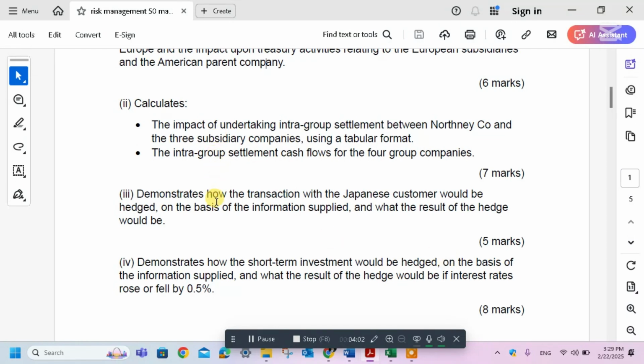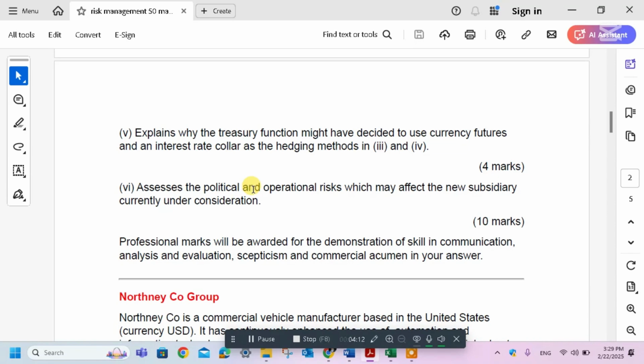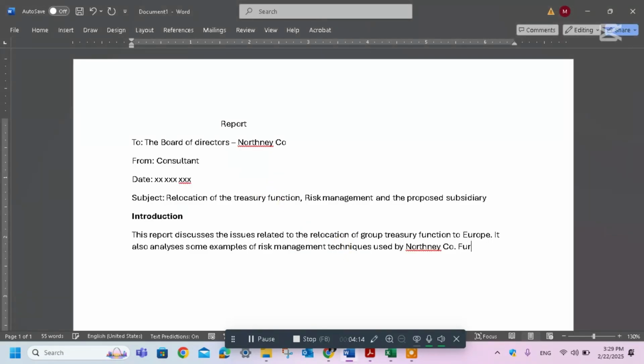That covers 2, 3, 4. 5 is about, okay, so that is again connected to that one only, like why they are using futures and collars. Political risk, okay, last one. Further, the risks associated with the proposed new subsidiary are also discussed.